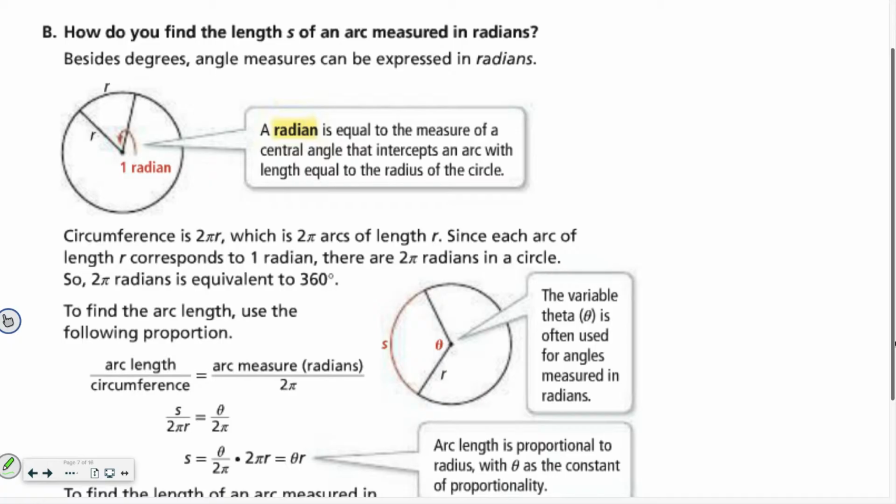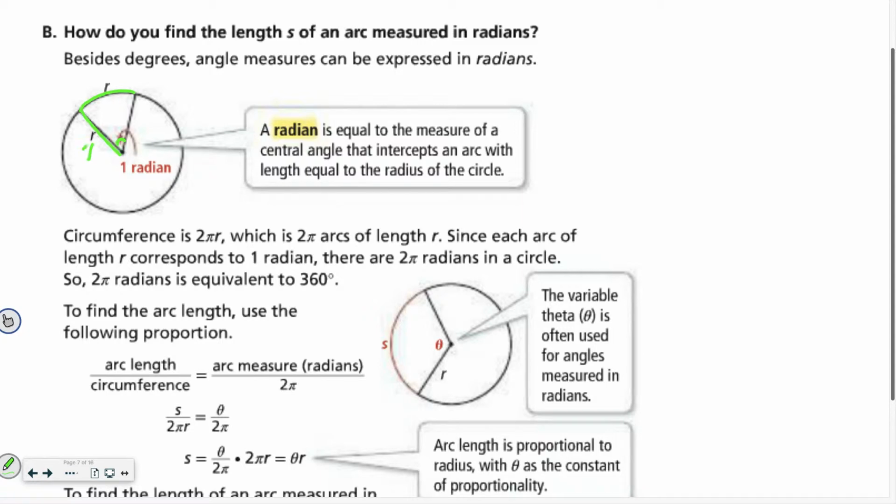Okay, so how do you find the length S of an arc measured in radians? So the way a radian works is we have our radius, and 1 radian is when your radius and your arc length are equal. So as long as those two distances are equal, this angle in here is 1 radian.